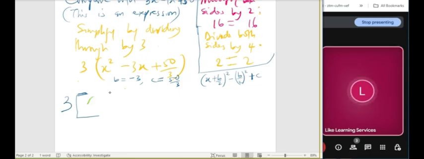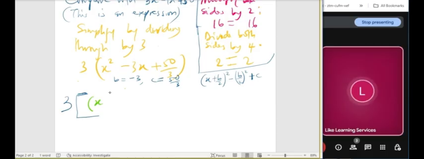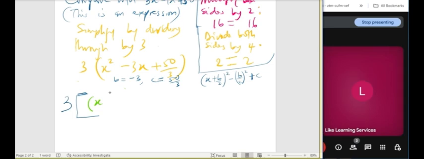So open a bracket. x plus 3 over 3. No, it can't be x plus 3 over 2. You told me b is minus 3. So b over 2 is... I know. Okay, yeah, sorry. x minus 3 over 2. Close the bracket. Squared.